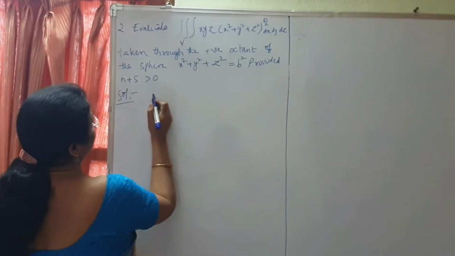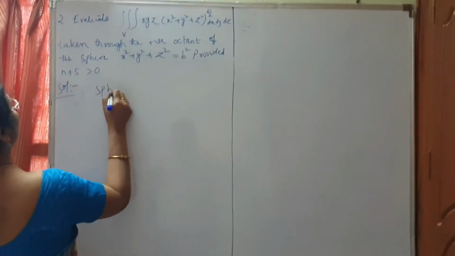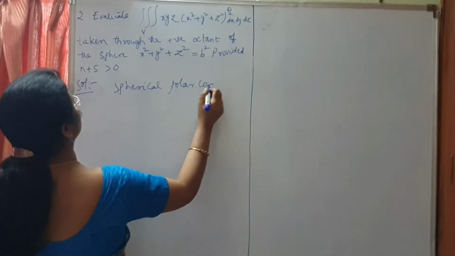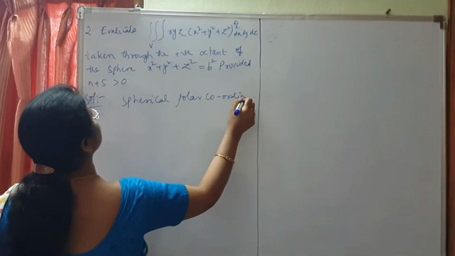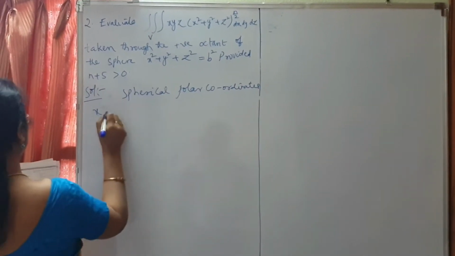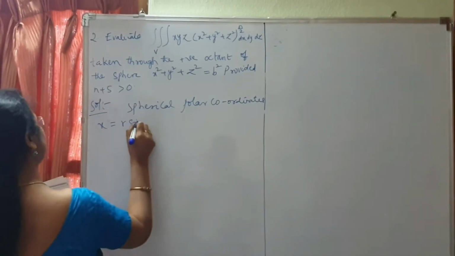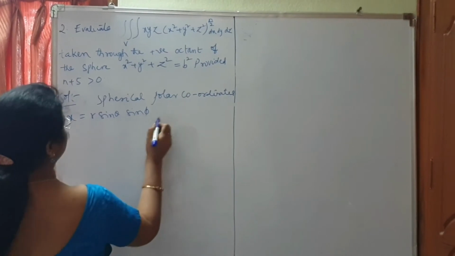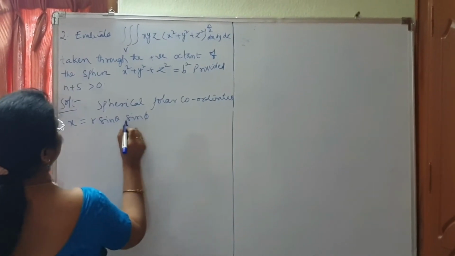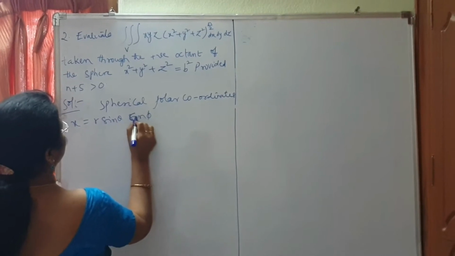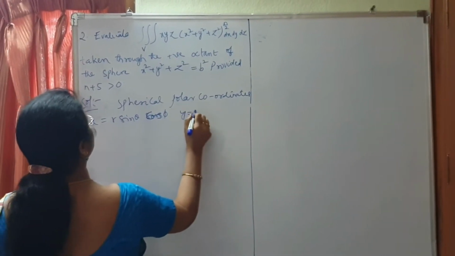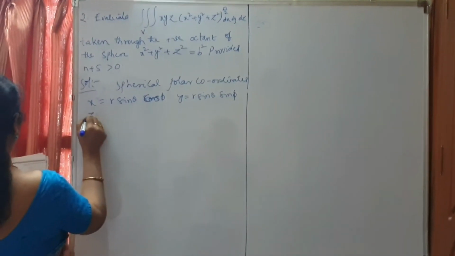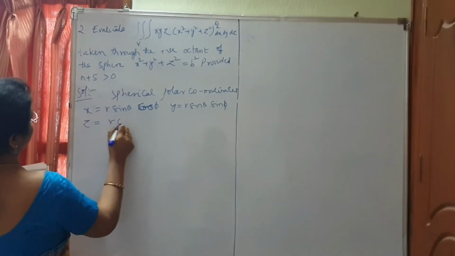The transformations from Cartesian to spherical polar coordinates, already we know, are x equal to r sin theta cos phi, y is equal to r sin theta sin phi, z is equal to r cos theta.